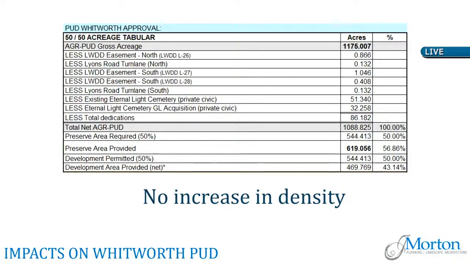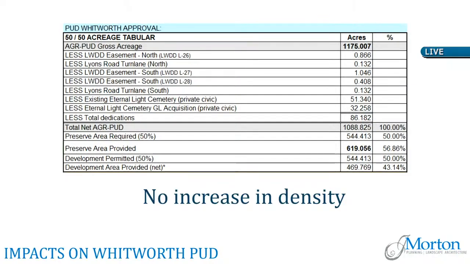You take that acreage and you calculate the preserve requirement and the development area requirement. For Whitworth PUD, the preserve area that's required is 544 acres. The actual impact on the project, the Whitworth PUD would be providing more than the required.